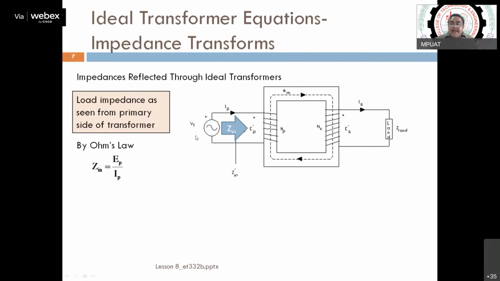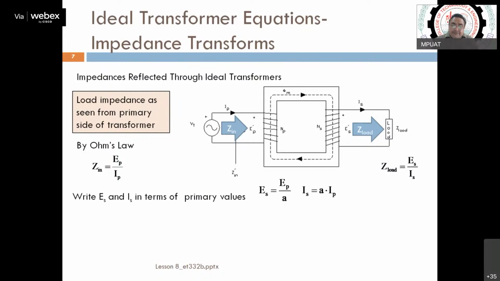In fact, it should be EP dash upon IP. This is the impedance as looked from the primary side. Similarly, we have a load impedance Z load, and that will be equal to ES upon IS, or ES dash upon IS.